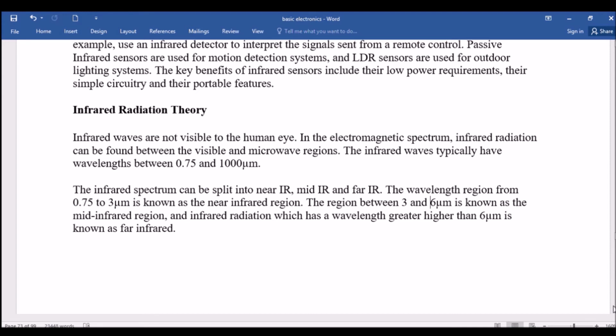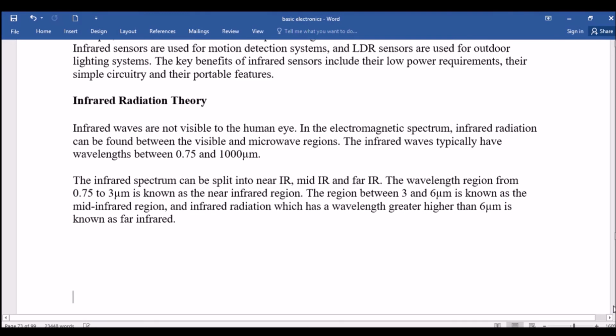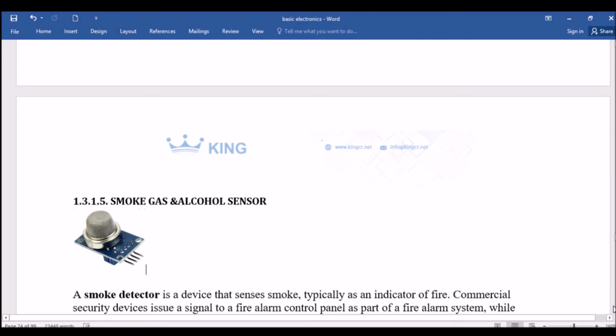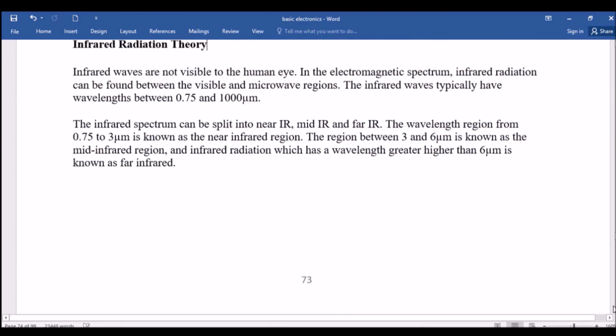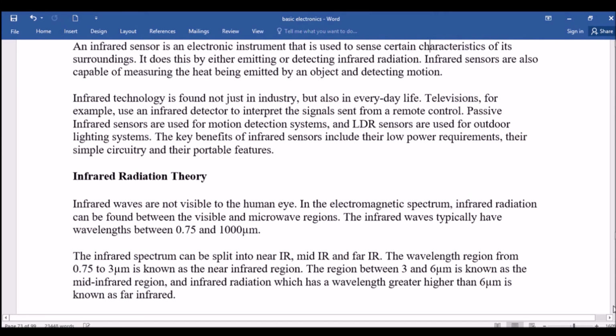Then the region between 3 up to 6 micrometers is classified into the medium region, while infrared radiation which has a wavelength greater than 6 is far infrared. You see the types, the ranges, and the regions of infrared.